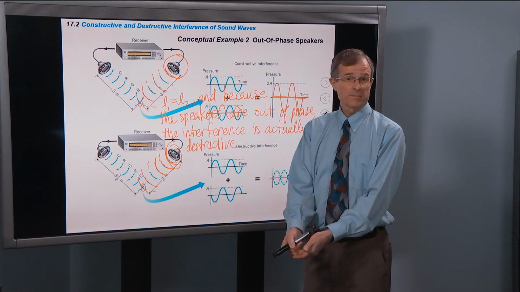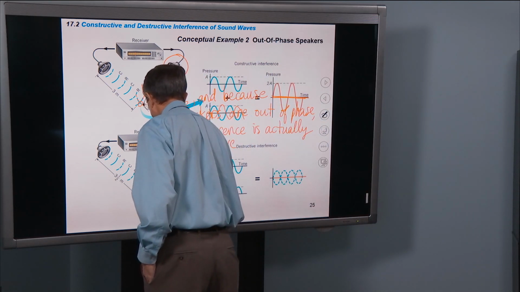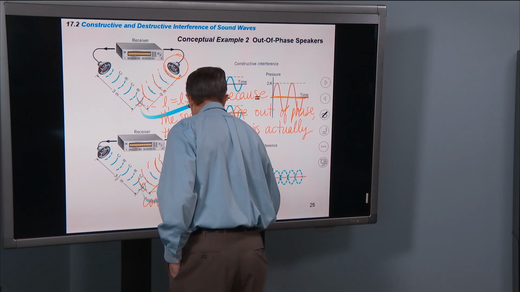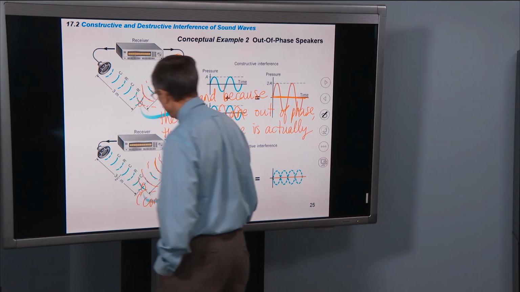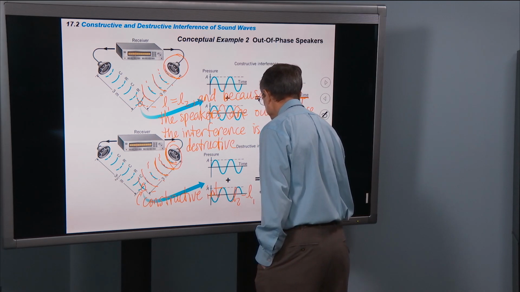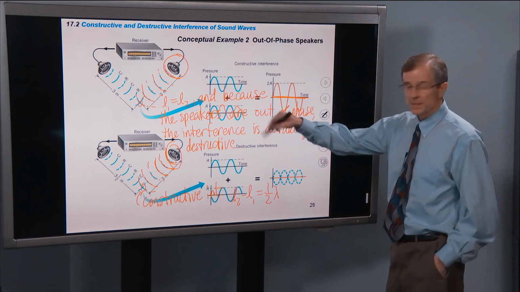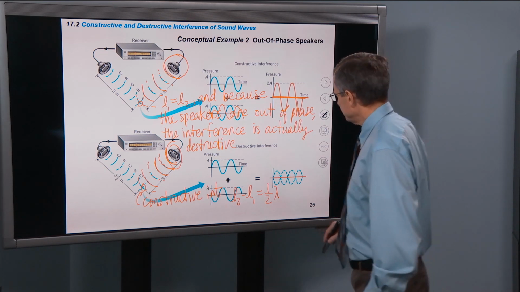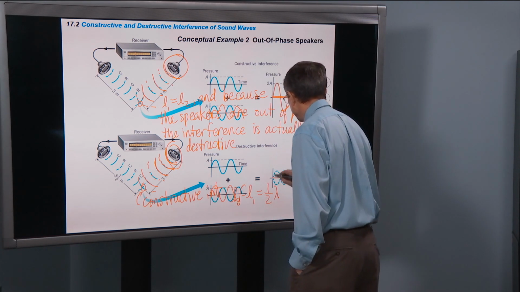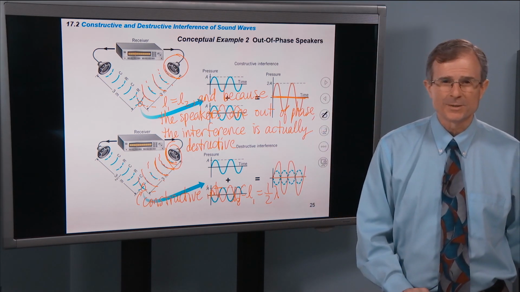And when you have two troughs, you get constructive interference at that point, even though the path length difference is half a wavelength. So everything's backwards if you connect these speakers out of phase. This trough becomes a crest. These two add together and you get large amplitude oscillations.